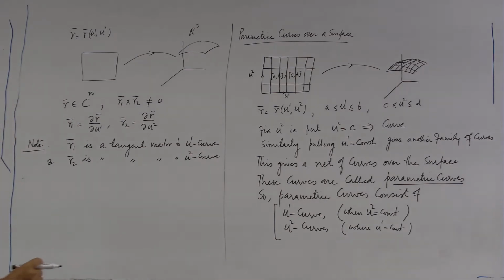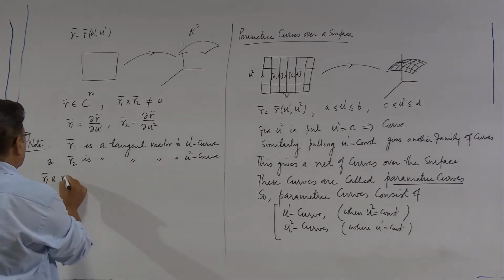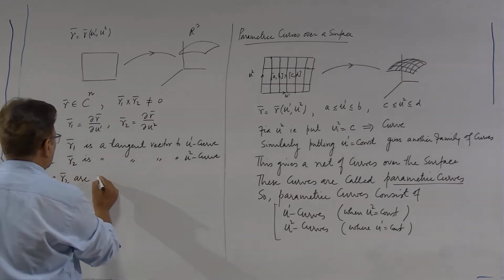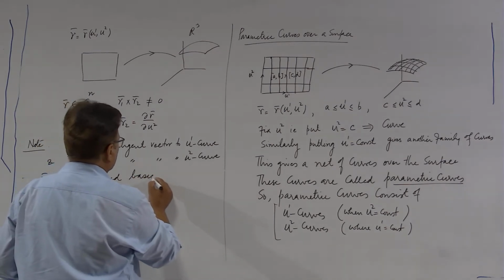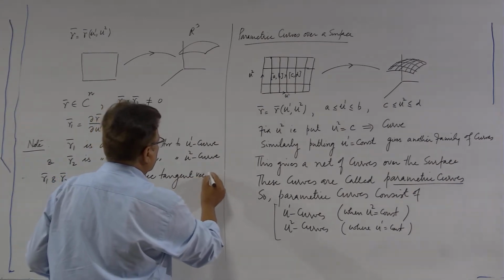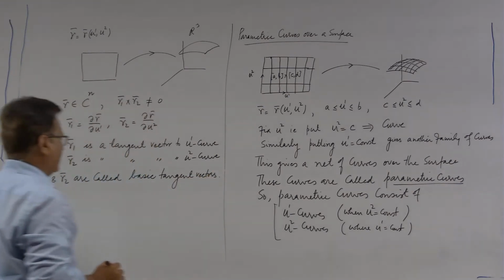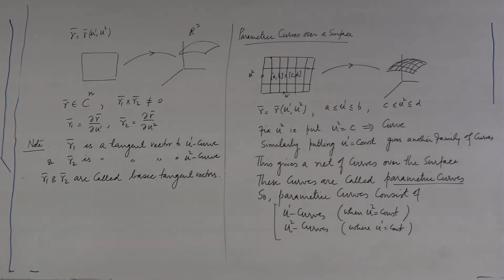So, we can see what these vectors R1 and R2 are, and these are sometimes also known as basic tangent vectors on the surface. R1 and R2 are called basic tangent vectors. You will understand why we call them basic tangent vectors a little later.